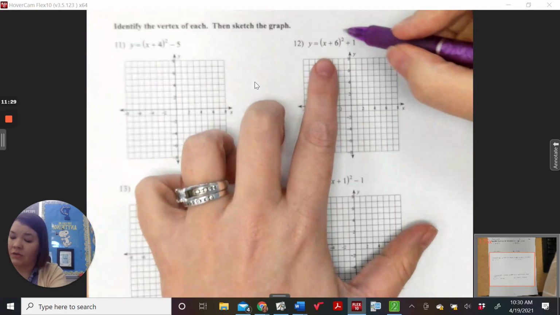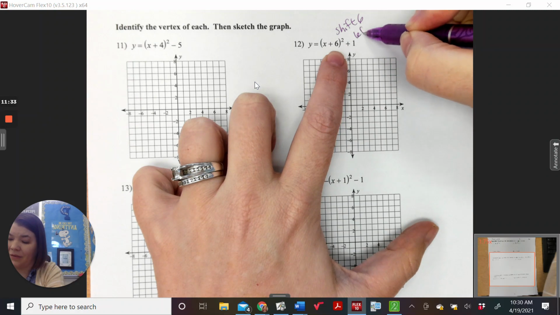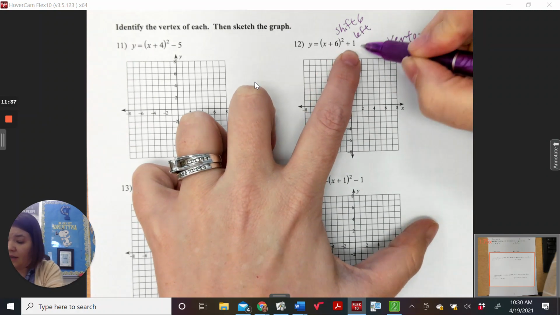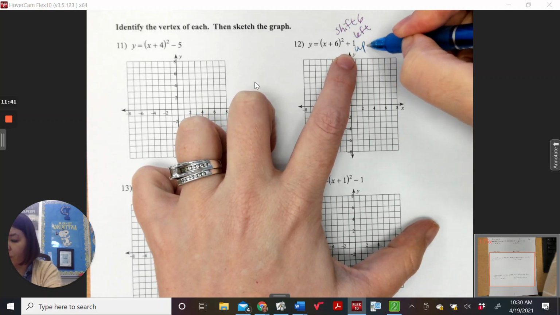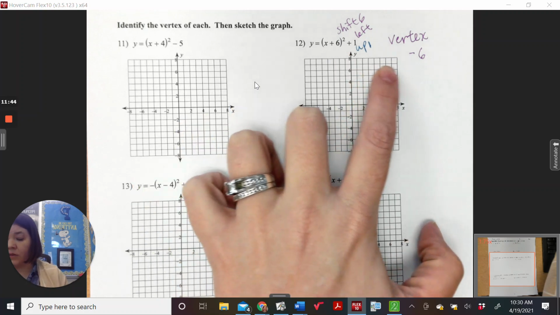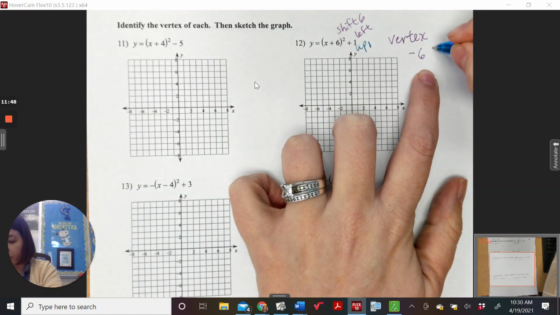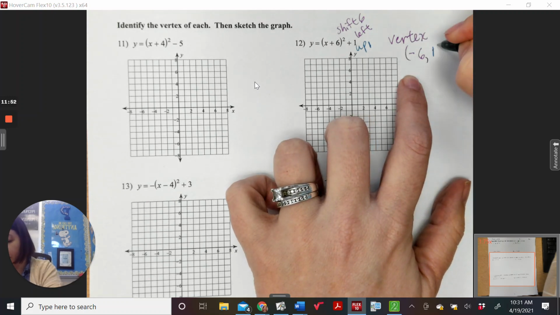So this has shifted 6 left. And so since it's 6 left, it's negative 6. And it's also shifted up 1. And so since it's up 1, the y-coordinate is 1. And so my vertex is negative 6, 1.